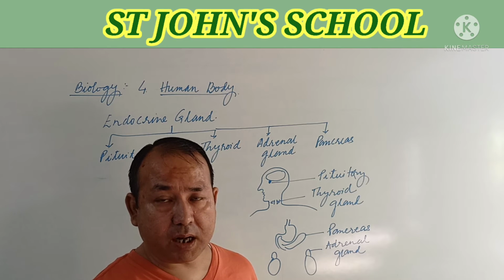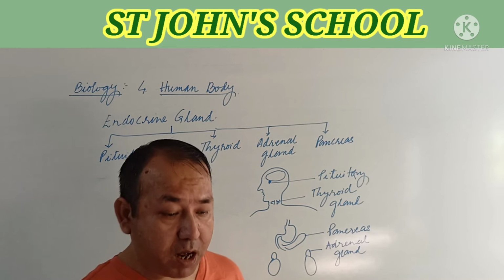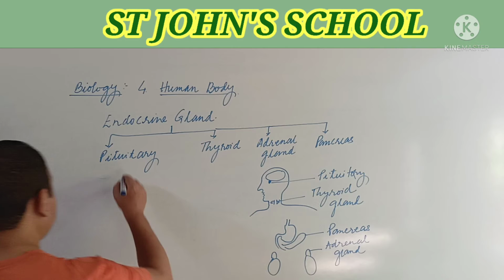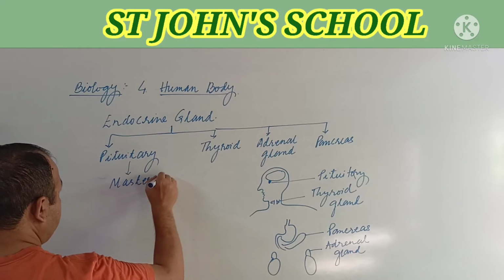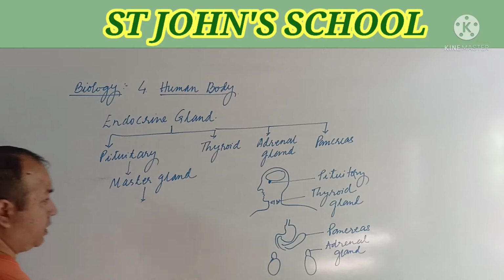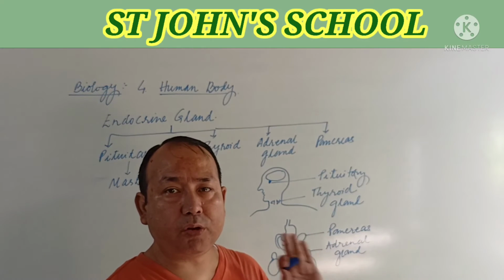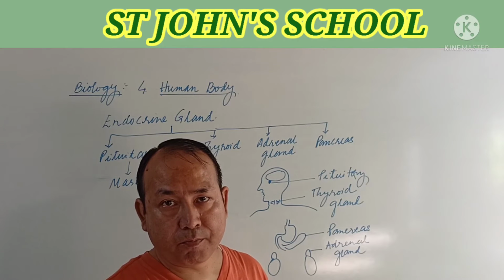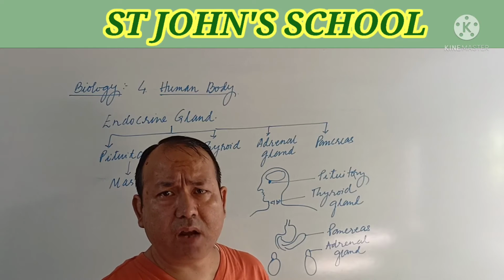Then the second important thing is that it is also called the master gland. You may be asked why pituitary gland is also called master gland. You need to understand that the secretion of the pituitary gland regulates the secretion of other glands like thyroid gland and adrenal gland, whether to release their hormone or not.